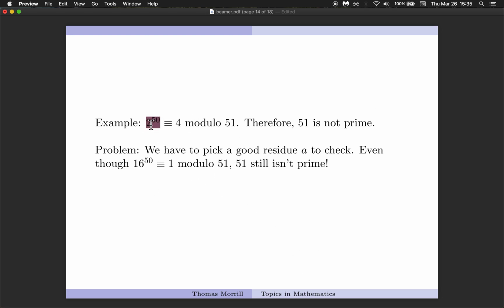So 2 can tell me that 51 is composite, if I couldn't already factor it myself. But 16 says, hey, this 51 kind of looks like a prime. That is a really strange phenomenon, and it's one that we're going to give a name to.